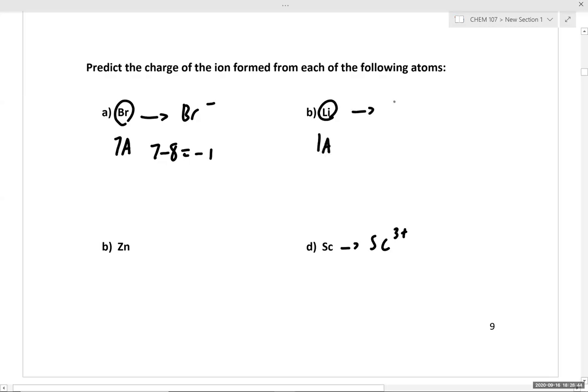So it prefers to form lithium +. Zinc is a fixed charge transition metal, and zinc prefers to form zinc 2+. It is one of our 3 exceptions. It's a fixed charge transition metal. Do these examples make sense?